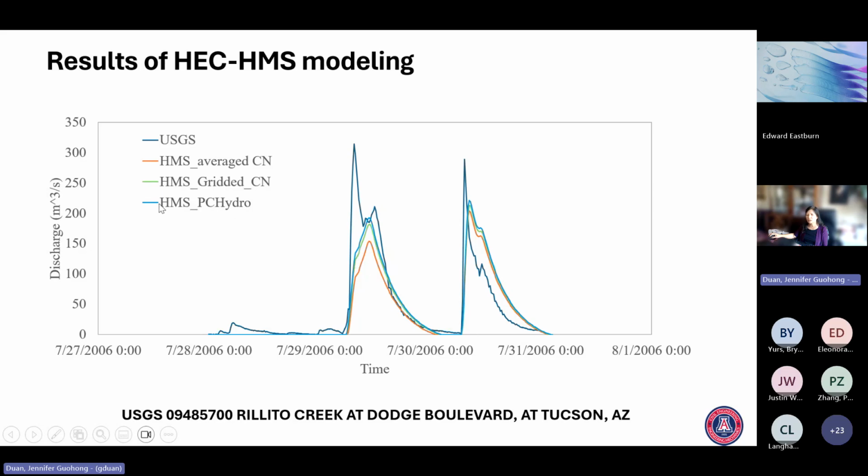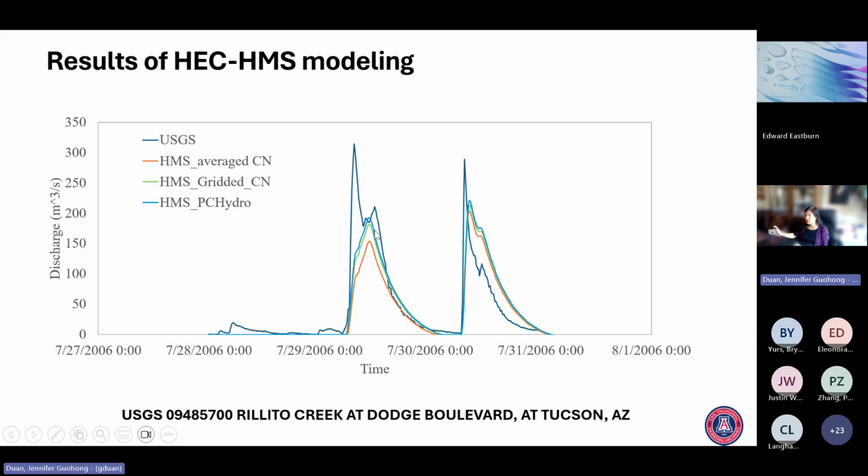And the old curve number, the PC Hydro Bayesian average, is the other one. Interestingly, the graded CN map, the green one, and our old PC Hydro CN map give about the same result, but none of them capture the peak of 300 cubic meters per second as observed.